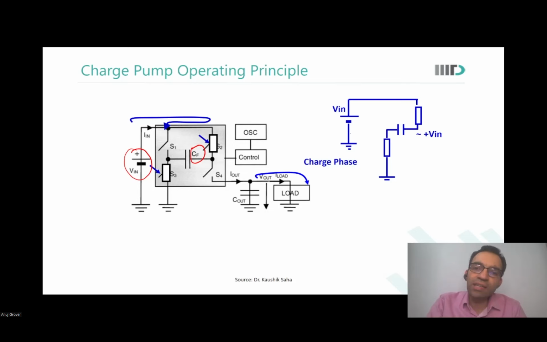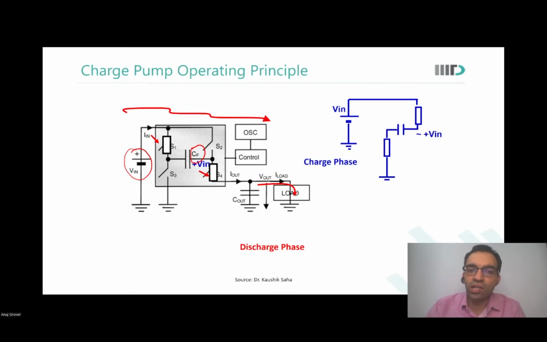So what have we seen so far? In the charge phase, Vn was applied on one side, and this kind of a path was created. In the next phase, what we do is we discharge. What does discharge mean? Now I close these two switches, and I open the ones that were closed earlier.